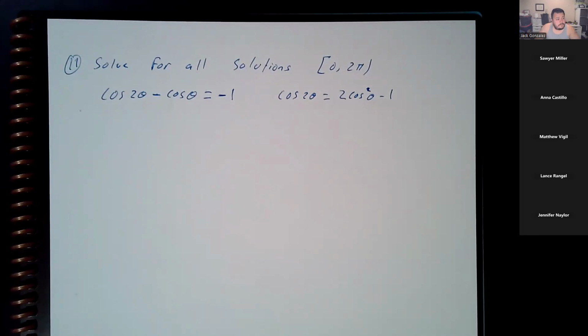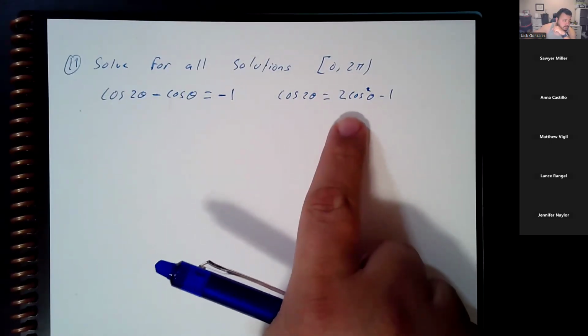The first one wouldn't be helpful because it would introduce a sine. If we were to choose cosine squared minus sine squared, we'd have to use Pythagorean to change that other sine. We would end up at the same place, but picking this one saves us some steps.